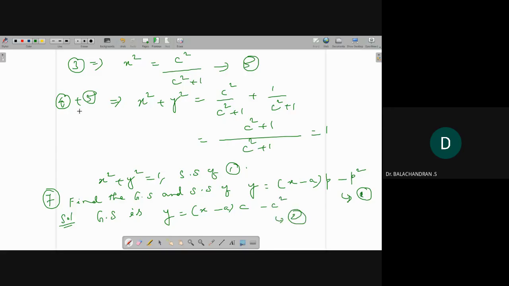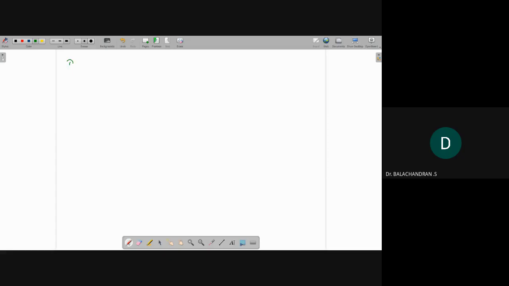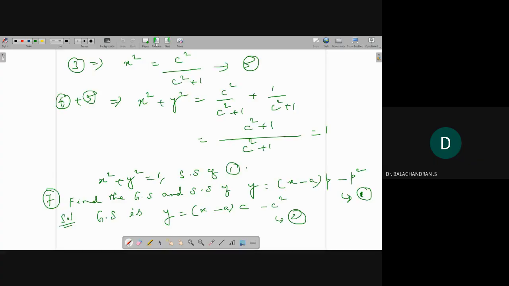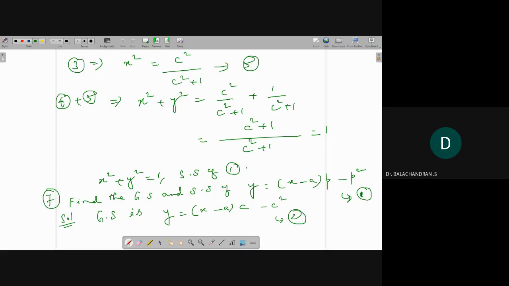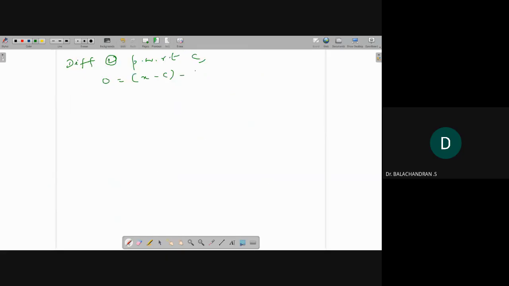Now differentiate equation 2 partially with respect to c. We will get 0 equal to x minus a minus 2c.